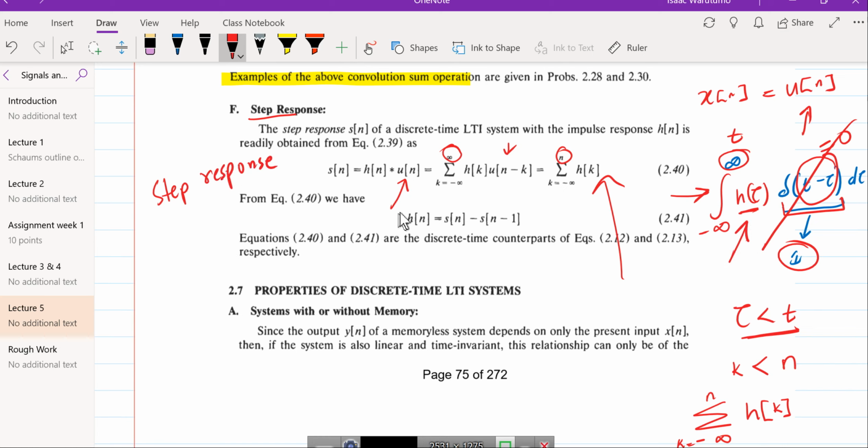So in a similar manner, we can obtain the impulse response by getting the difference between the step response evaluated at n and the step response that is shifted or delayed by 1. That will allow us to obtain h of n from the step response.